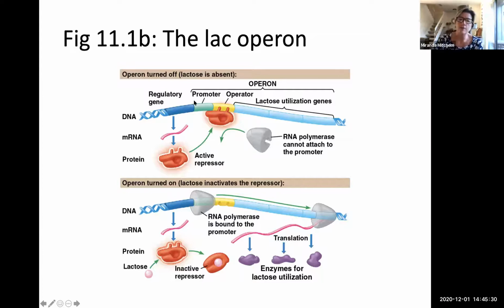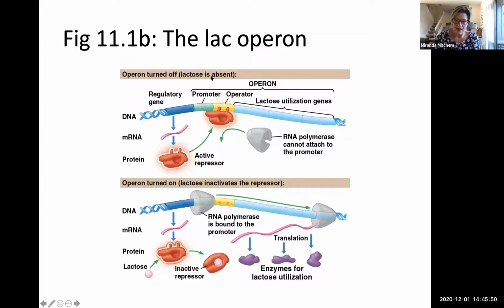But in the case here, like we have up top, there's no lactose that's present in the system. So we don't need to transcribe and translate genes that are associated with lactose if it's not there. It would be a waste of materials to do that.